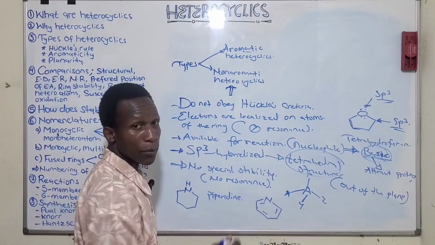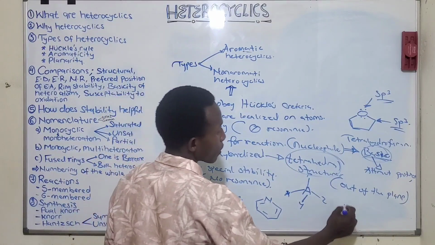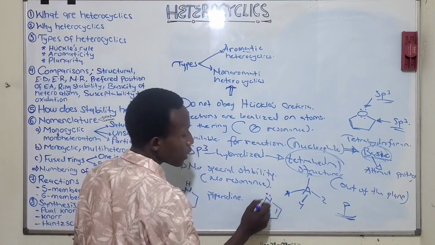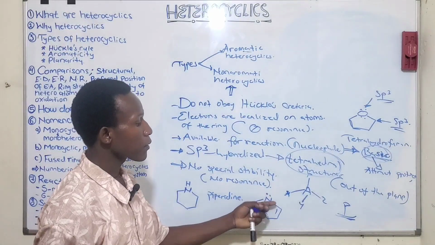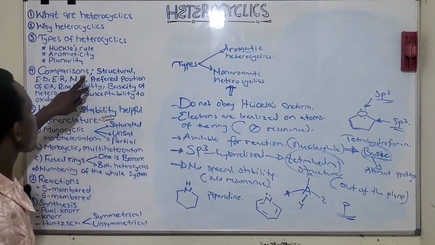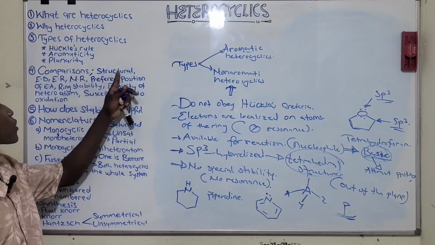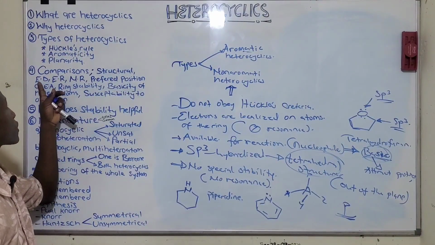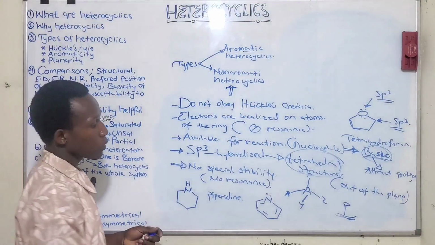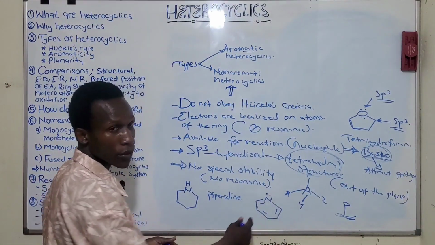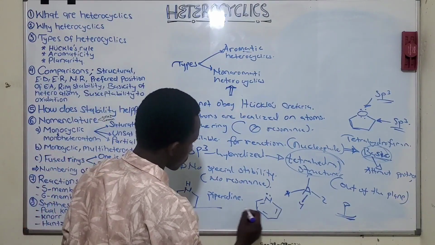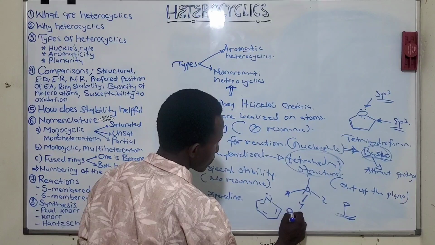One electron is unhybridized, in a p orbital, and it has lone pairs. But these lone pairs are outside the ring. We shall explain this more as we head to comparisons between the structures, electron density, distribution, and reactivity. So this is pyrrolidine and this is pyridine.